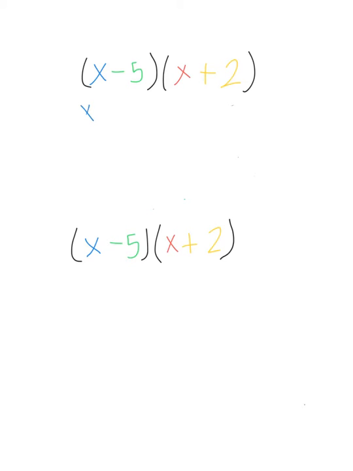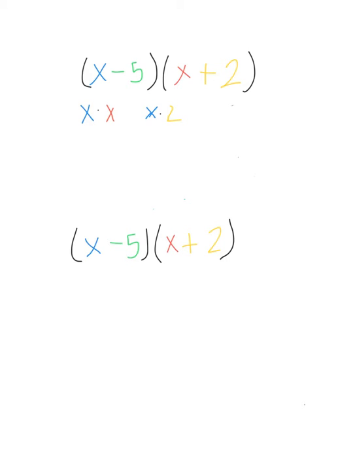So it's going to be x times x. And then we're going to multiply the two outer terms. So it's going to be x times 2.